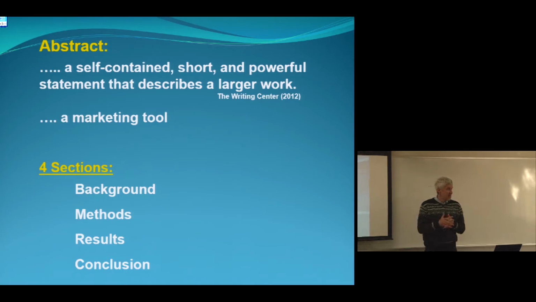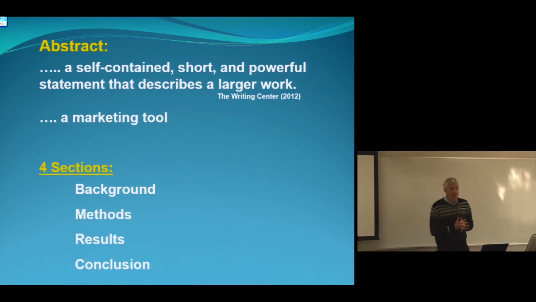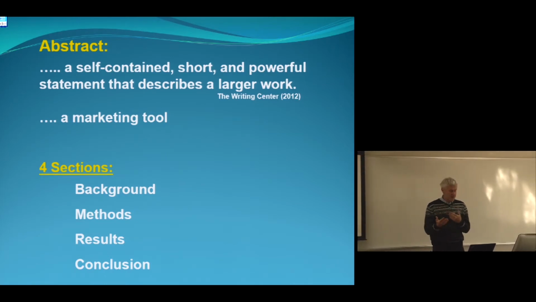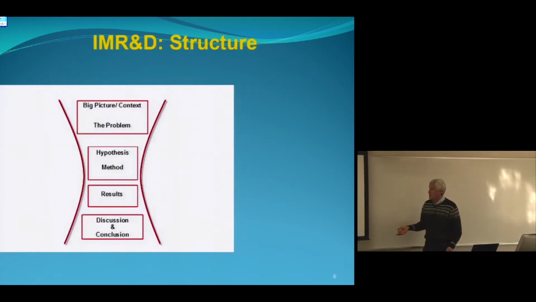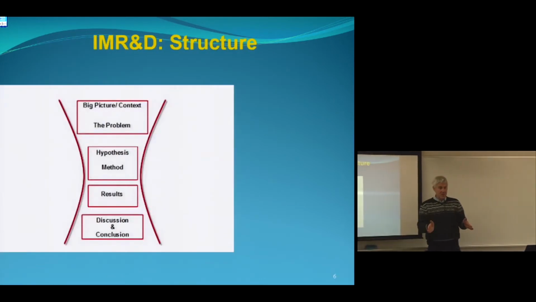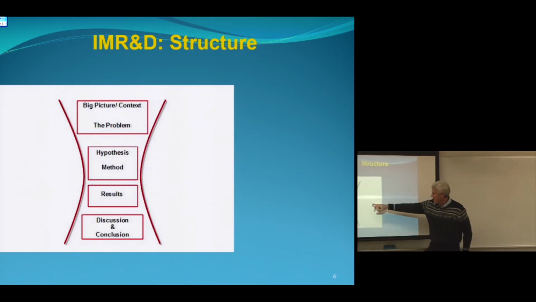Okay. So typically, an abstract is divided into 4 sections: the background, or setting the context, methods, results, and discussion and conclusion. So you can think of it as an hourglass. In olden times, when they were trying to measure time, they put sand in the glass, turned it upside down, and it would go through. But it was very narrow in the middle.